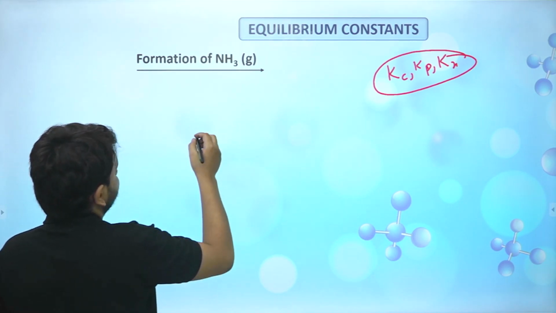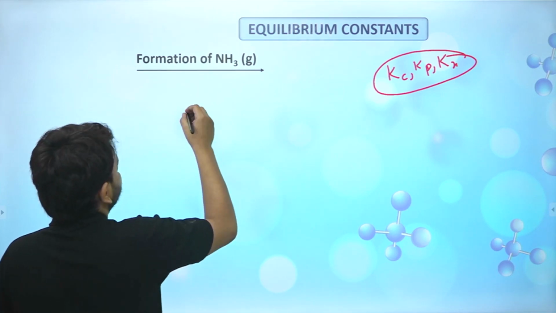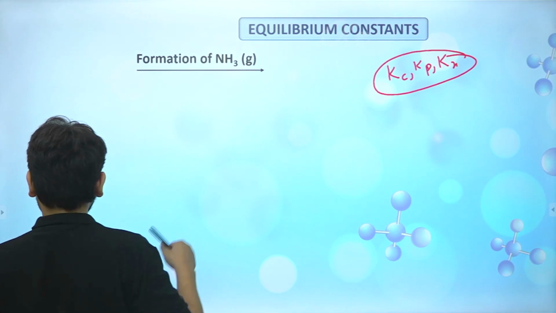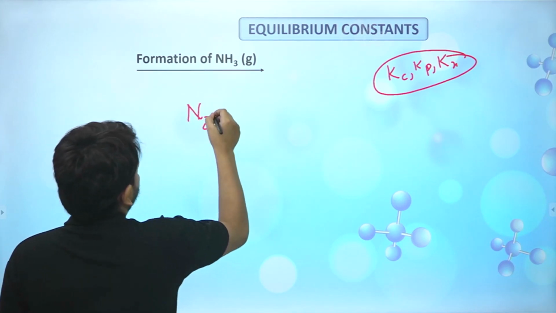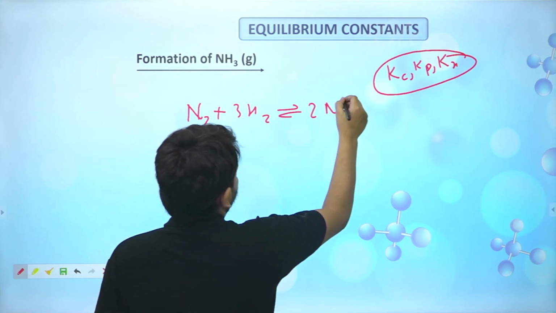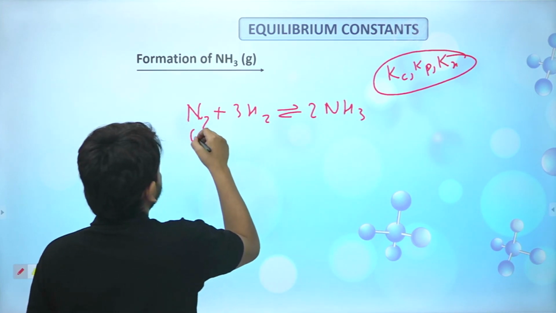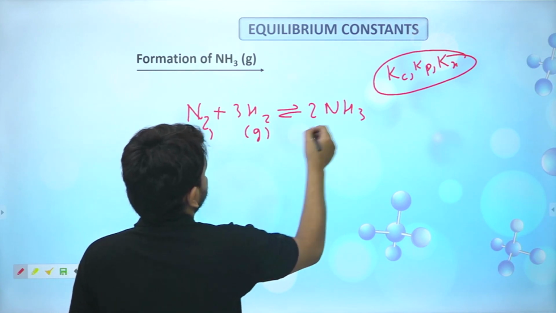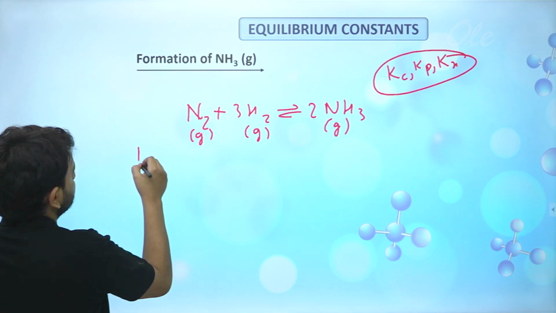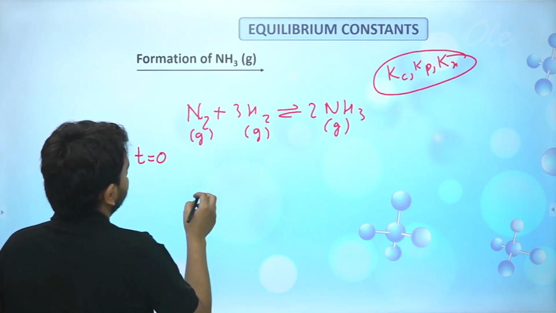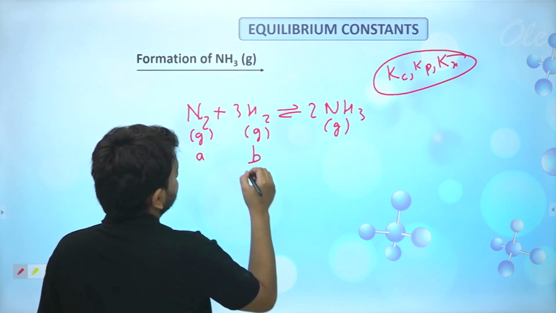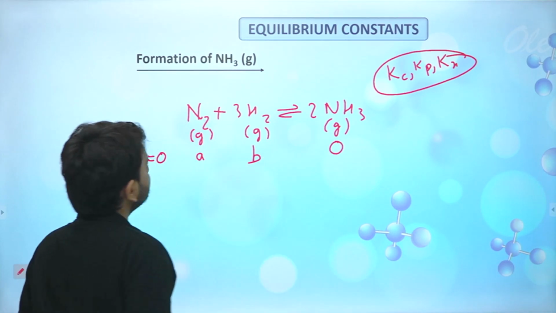is that let's say we are talking about Haber's process. So Haber's process is N2 plus 3H2 giving 2NH3, all of them in the gaseous phase. So for example, at T equal to 0, let's say we have A moles of this, B moles of this, and 0 moles of this.